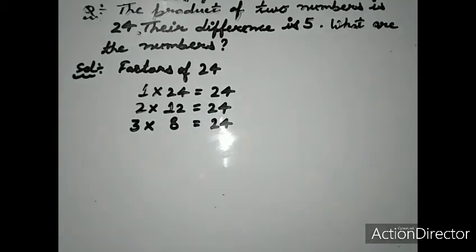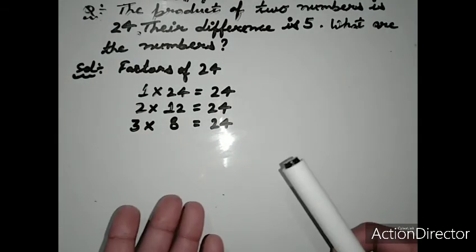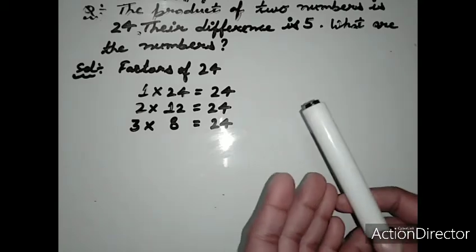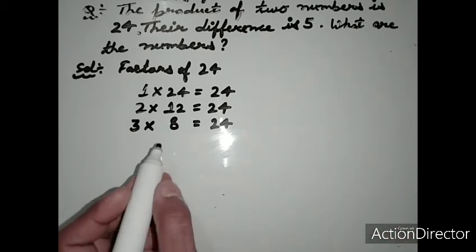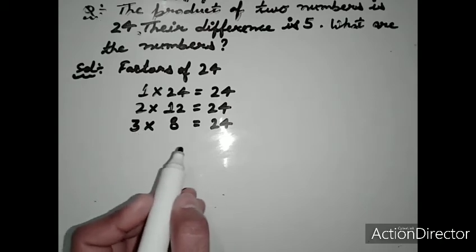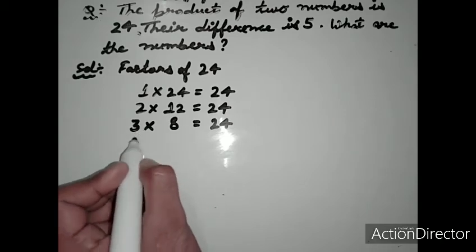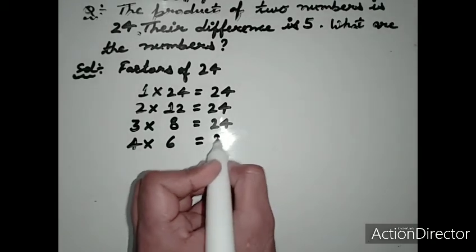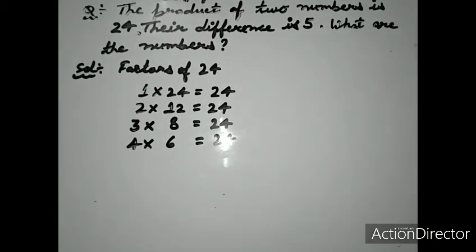And we also check how many other numbers multiplied together give product 24. Now the other pair: 4 multiplied by 6, 4 6s are 24, and 24 itself, 24 multiplied by 1. Now we check which pair of numbers, subtracted from each other, gives a difference of 5.